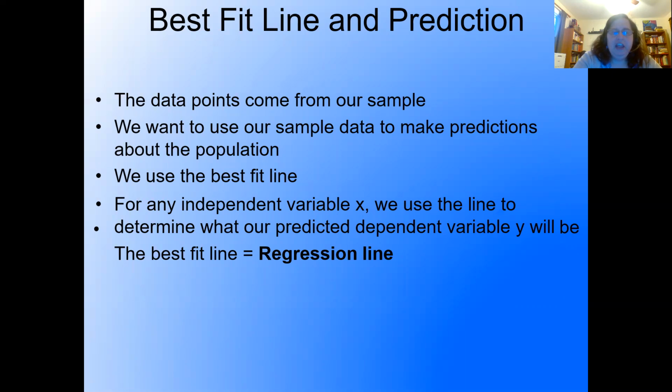In other words, for any independent variable x, we use the line to determine what our predicted dependent variable will be. So whenever we choose any x we want, how do we figure out the y? The line, not the points, the line. Okay. And that best fit line is also called the regression line.